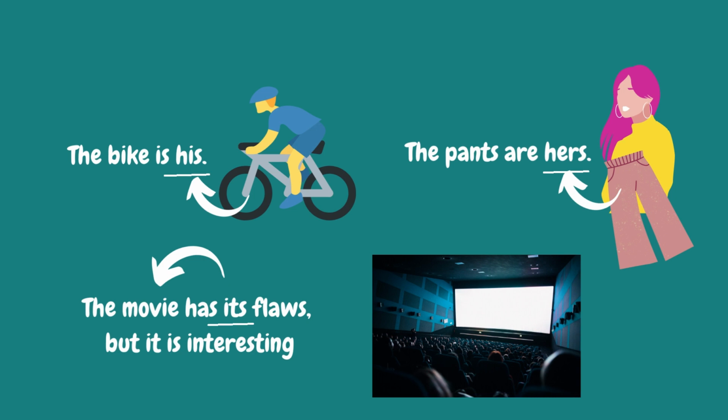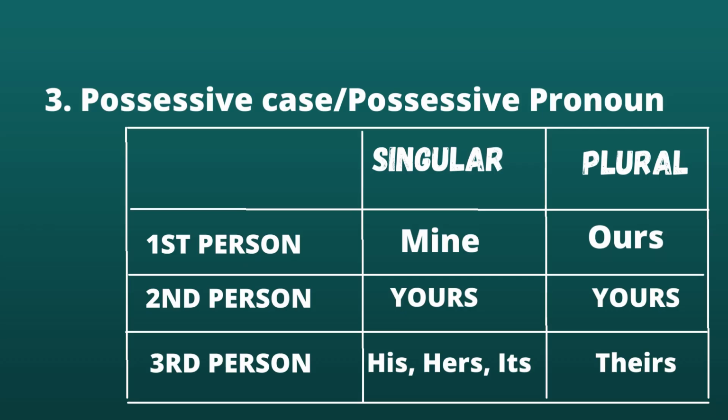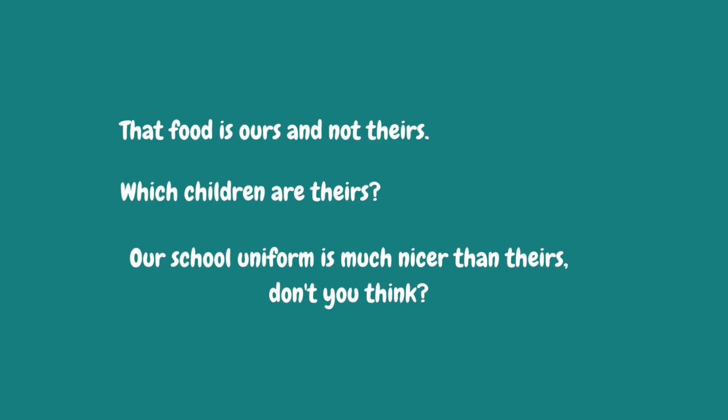It means the girl owns the pants. The movie has its flaws, but it's interesting. Its represents the movie. Okay, third person plural is theirs. Here are some sample sentences. That food is ours and not theirs. Which children are theirs? Our school uniform is much nicer than theirs, don't you think?